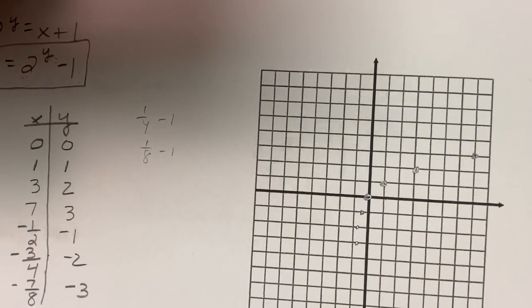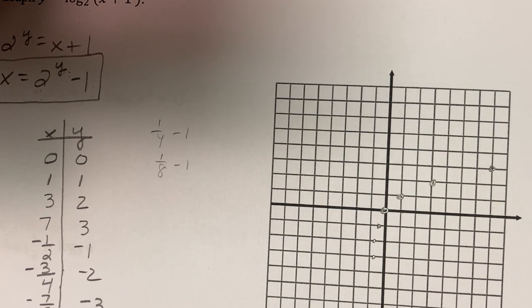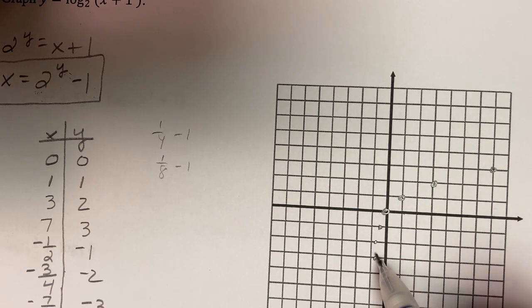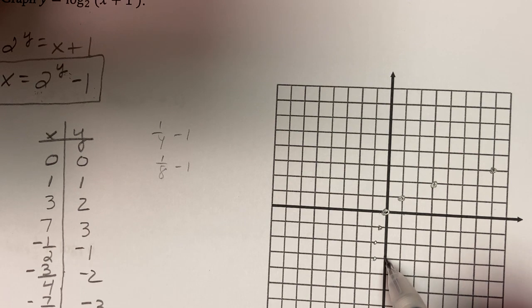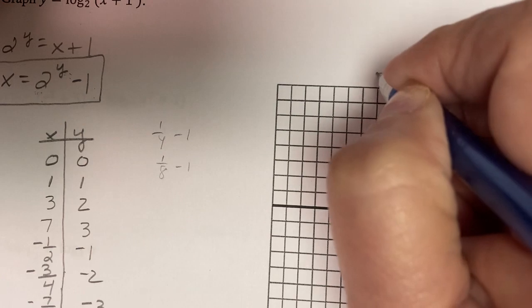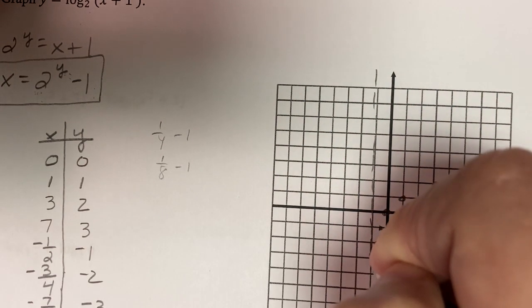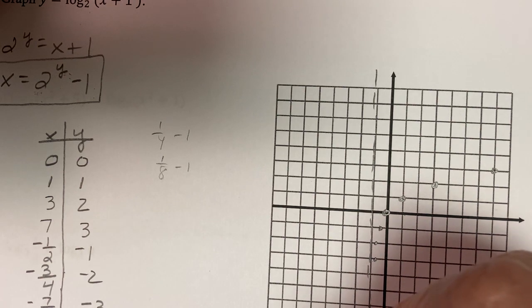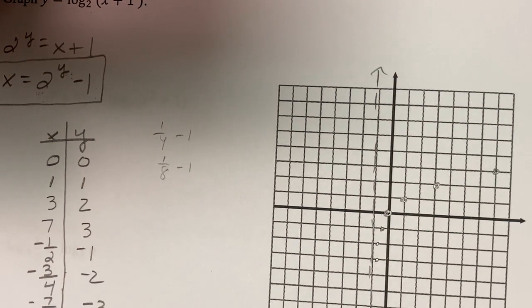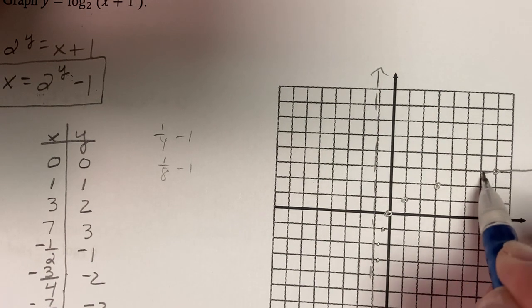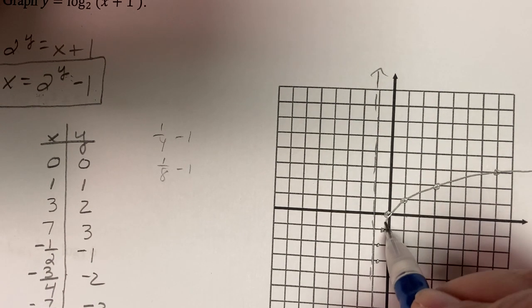So let's look and see what's happened. Do you see where the points are getting closer and closer to negative 1 as opposed to getting closer and closer to this axis, which means that this line right here, x equals negative 1, is actually your asymptote.